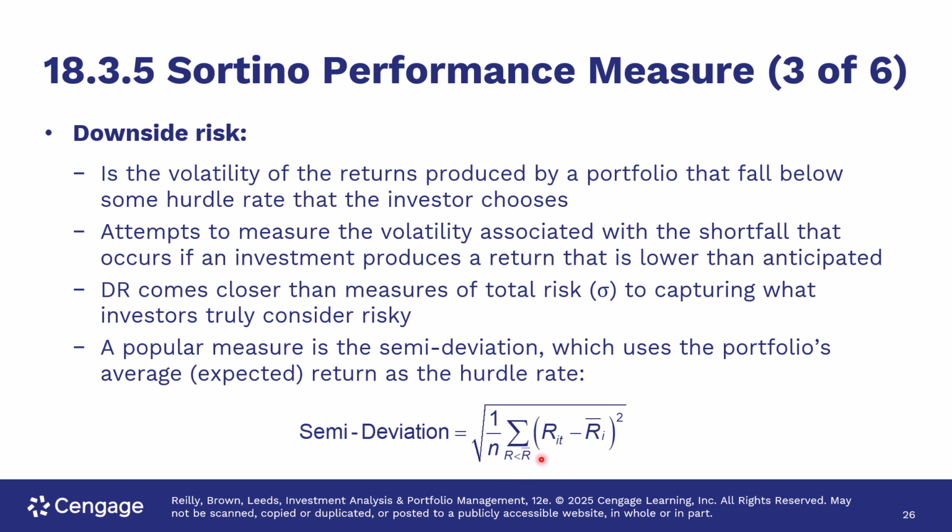We won't include all returns in this computation for semi-deviation. DR comes closer than measures of total risk to capturing what investors truly consider risky. Again, returns above the average, that's what I want. I want high returns as much as possible. So this is what we're now going to do, and we'll follow this mathematically.